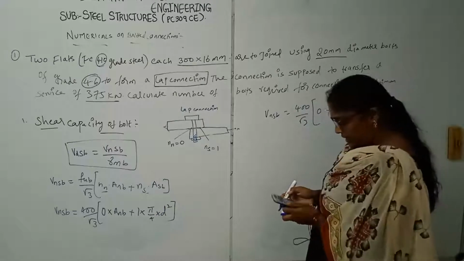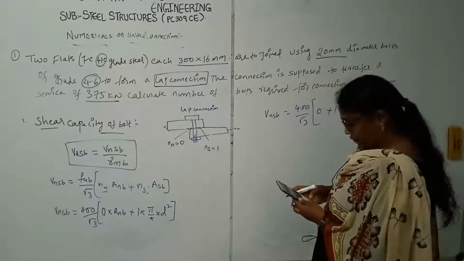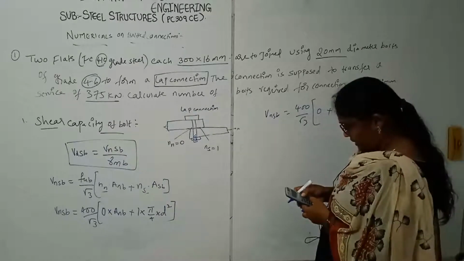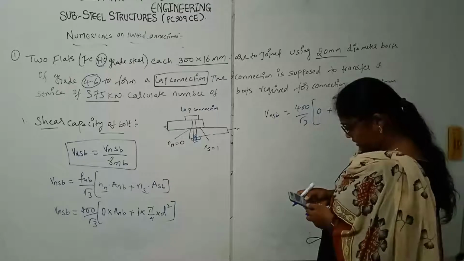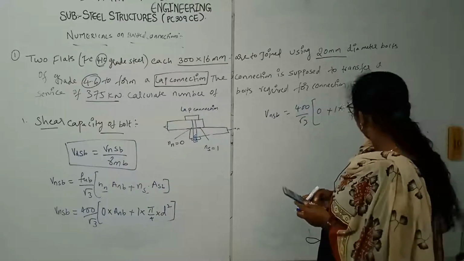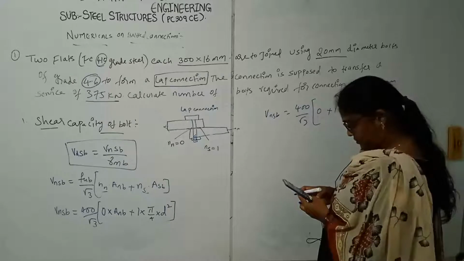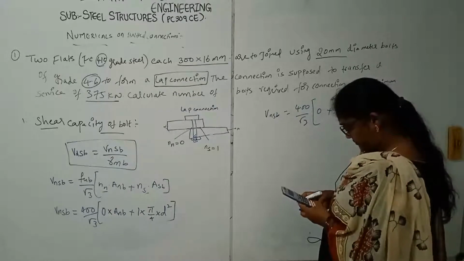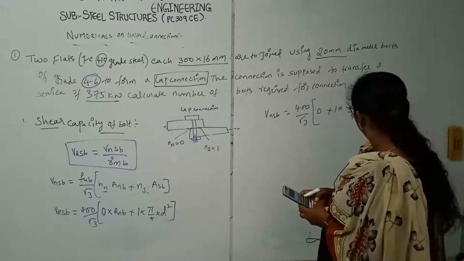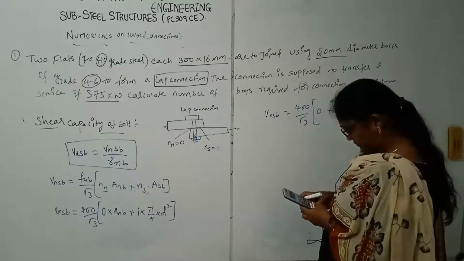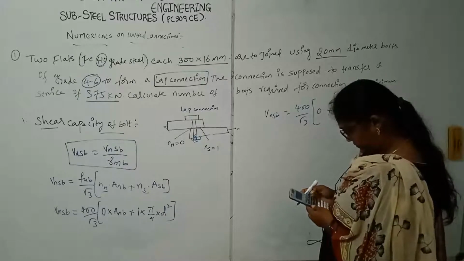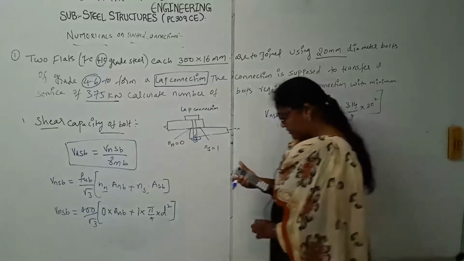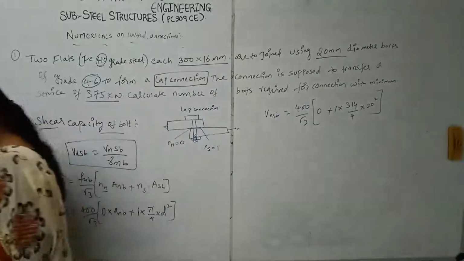So what is the value here? 400 by under root 3 into 314.